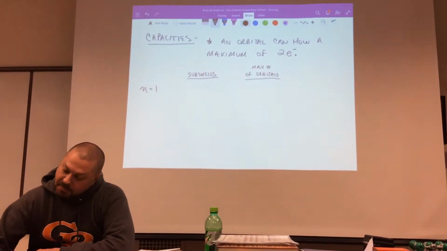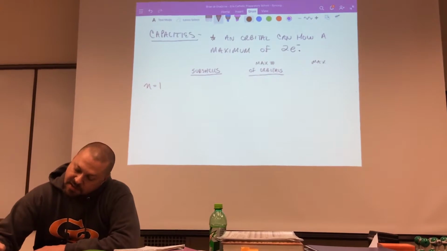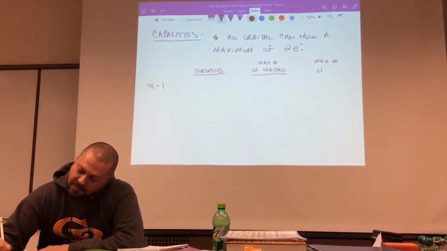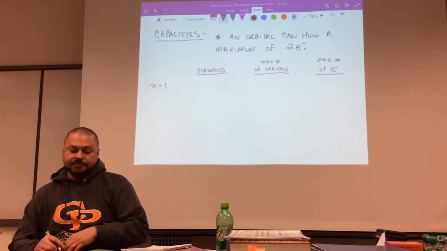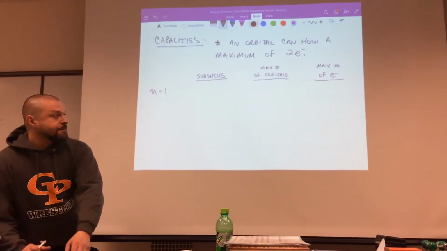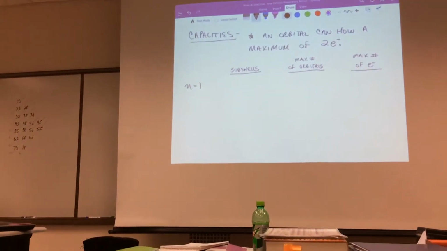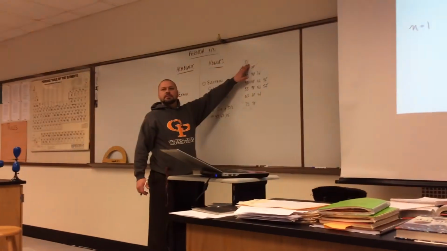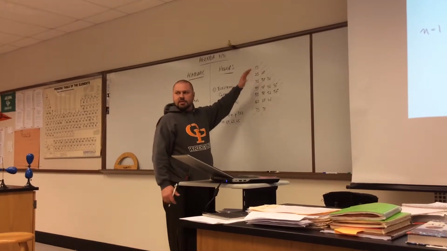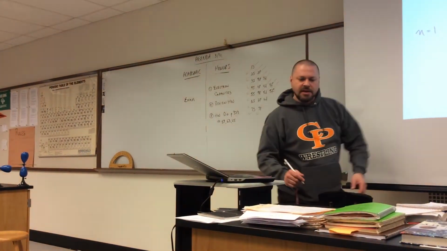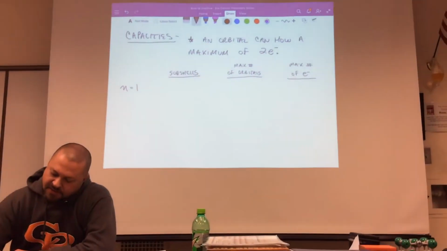We'll list max number of electrons. So at n equals 1, what's the only subshell I have? l of 0. S. Okay. So the subshell, all we have is S.